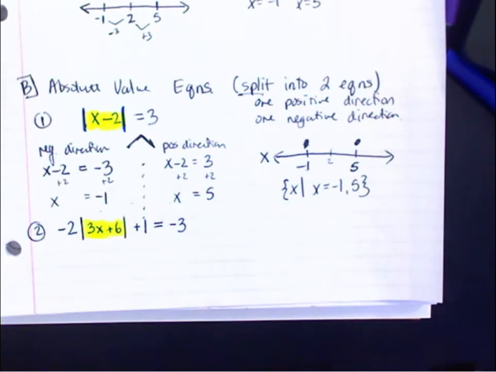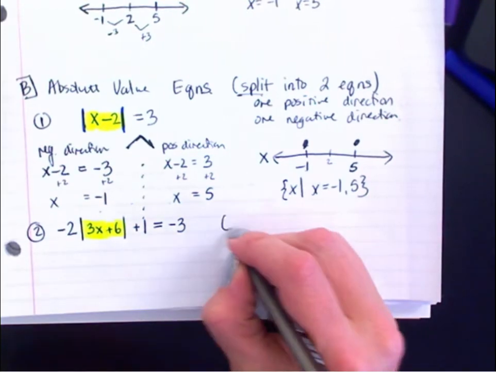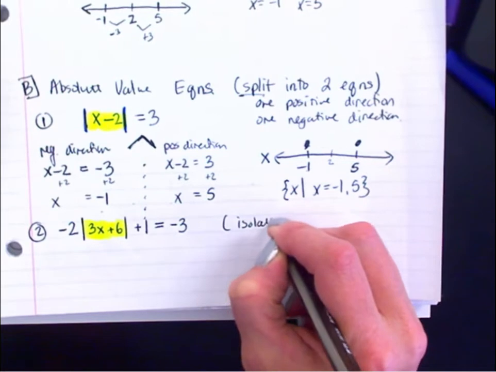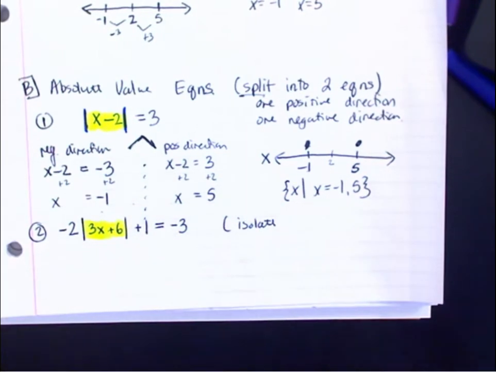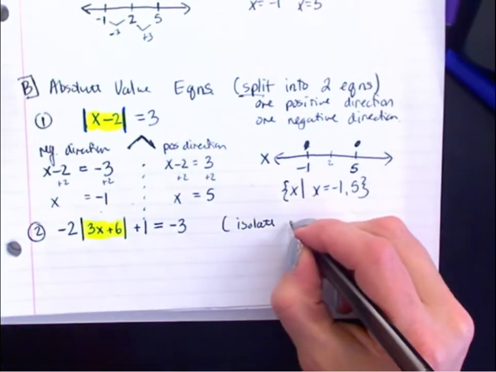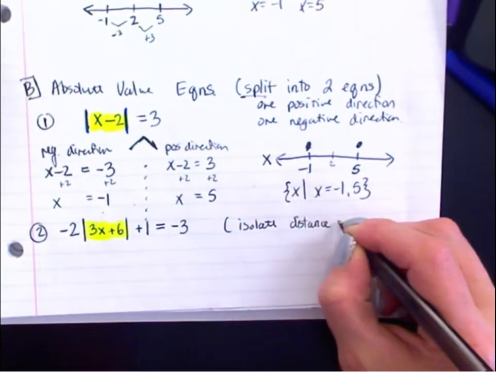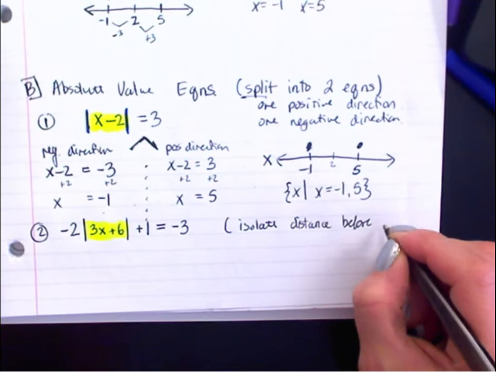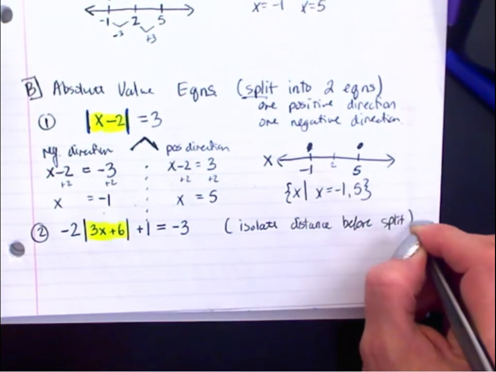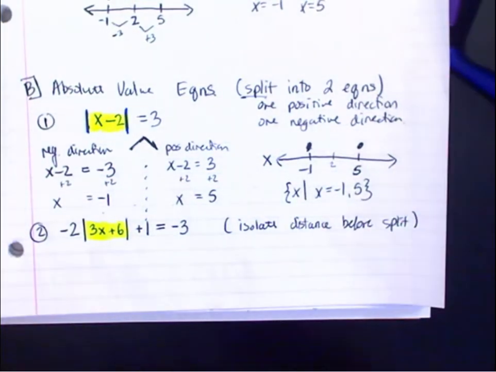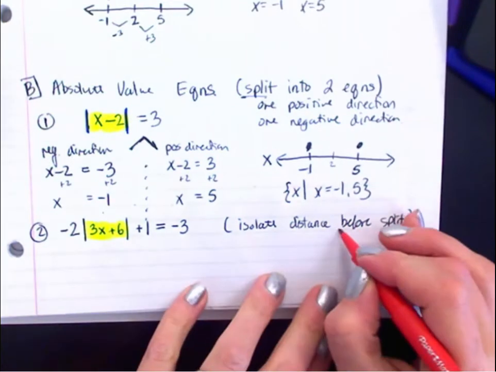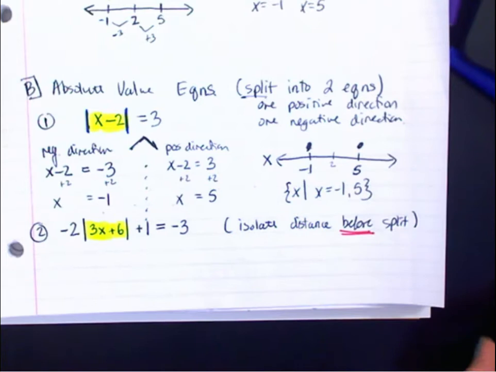And so if you are solving, you have to isolate the distance before you split it up. I want to know what the distance is supposed to be. The trick is you got to do it before you split it.